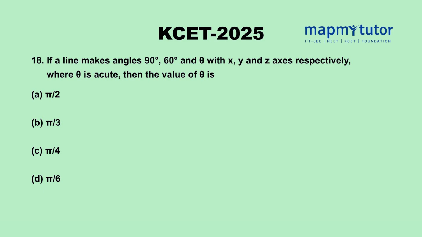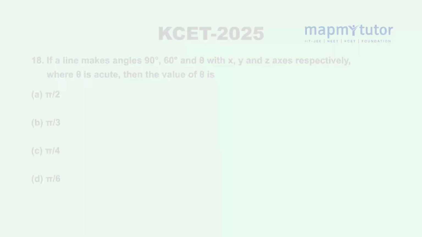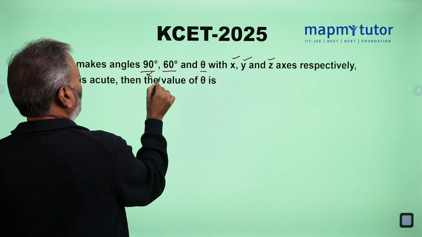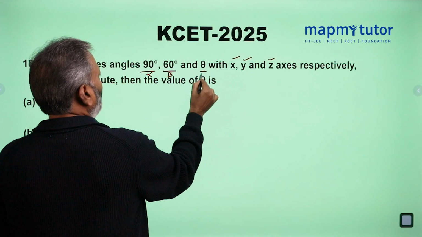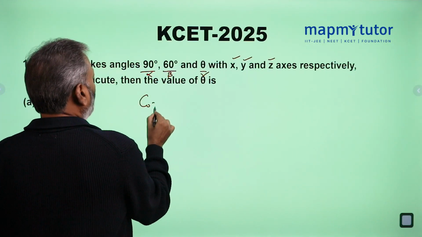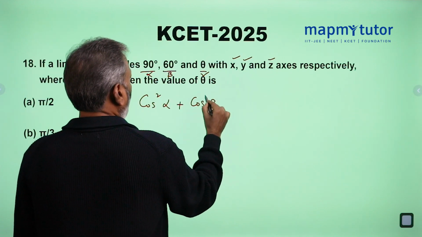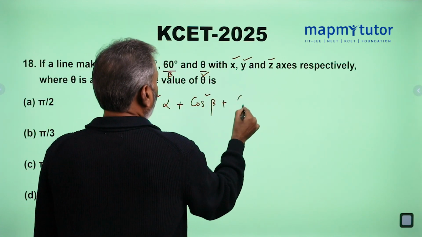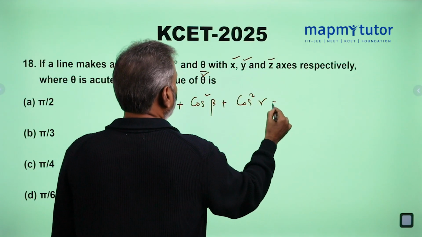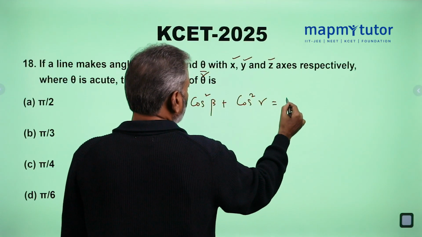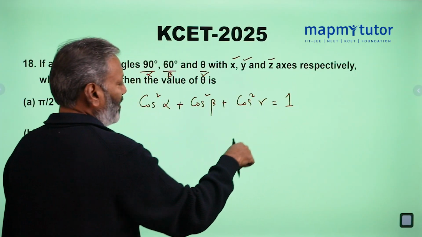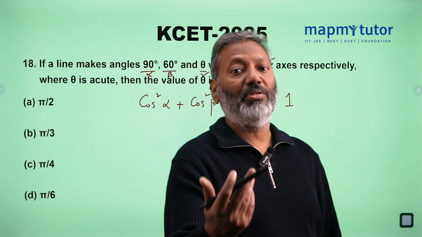If a line makes angles 90 degrees, 60 degrees and theta with the x, y, z axes respectively, where theta is acute, then find the value of theta. Usually, with the x-axis we take the angle as alpha, with the y-axis beta, and gamma with the z-axis. If alpha, beta, gamma are the angles made by the line with the axes, then cos alpha, cos beta, cos gamma are called direction cosines.